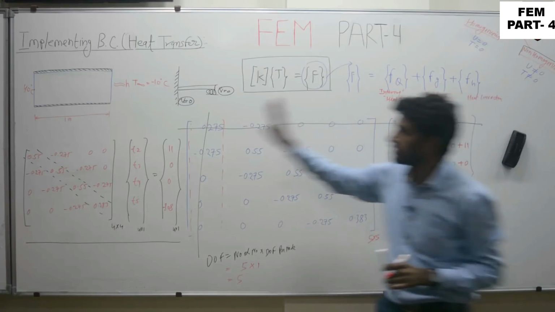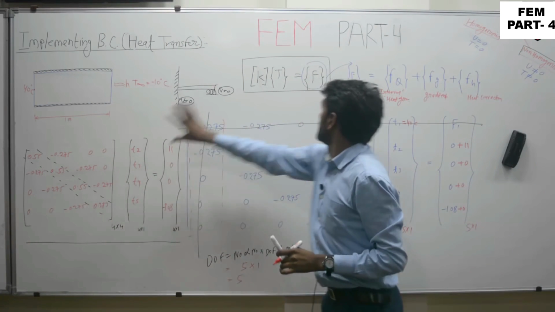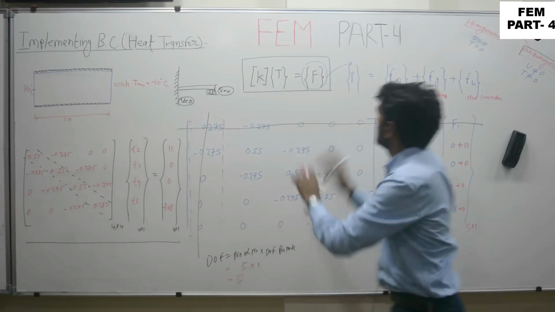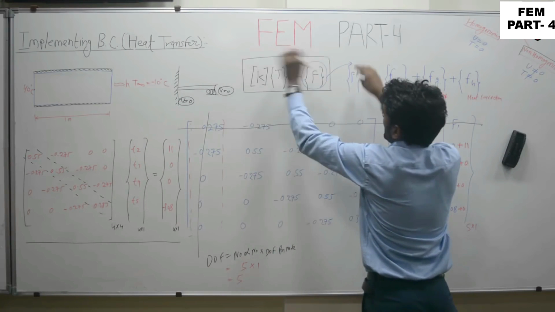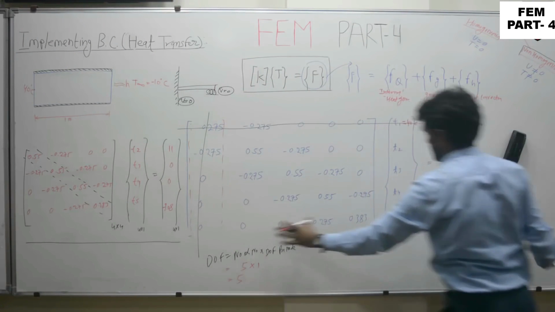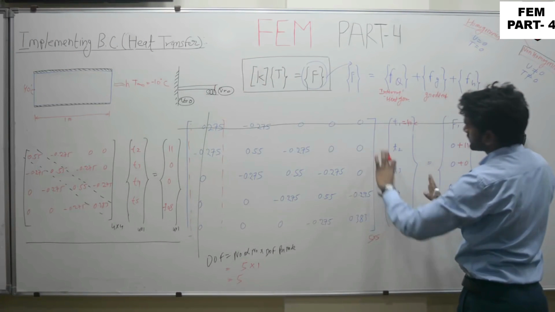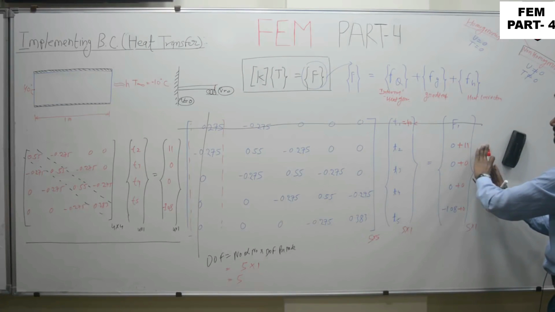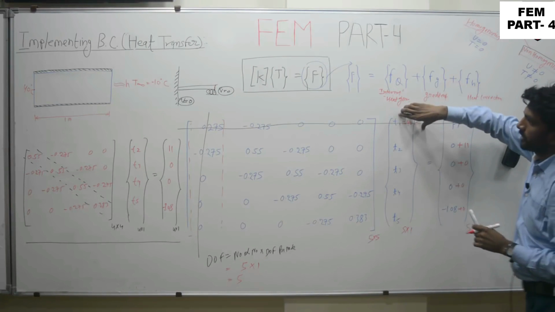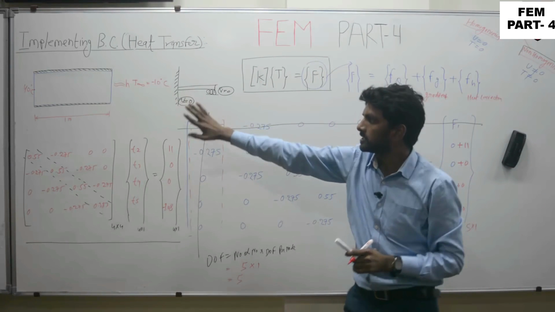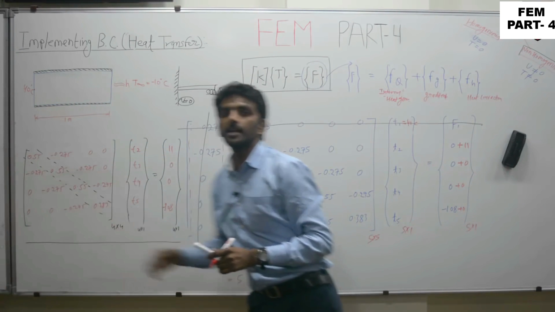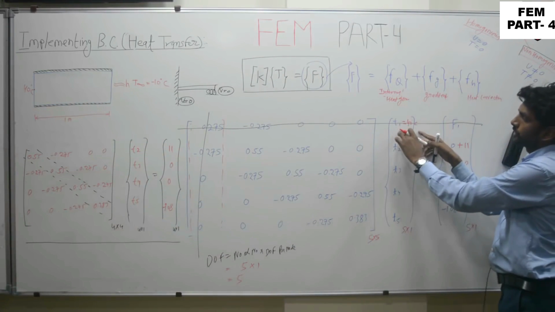Then once we have found K, F and T, we arrange those values in this particular format: the conductance matrix, field variable and then F. Now to apply a value given in the problem, especially this problem, the left face is maintained at 40 degrees, so T1 is equal to the known 40 degrees.